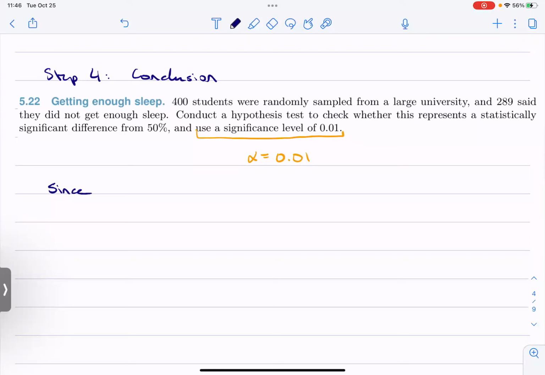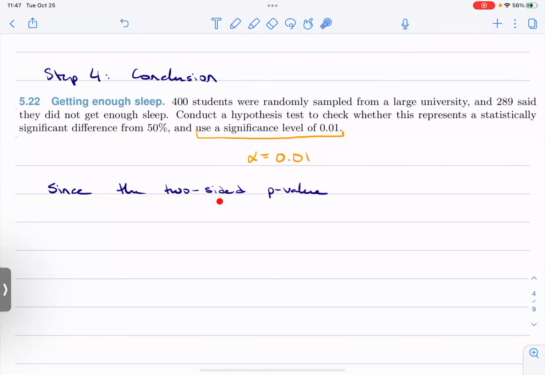You're trying to show off and pull information from the question. I always use the same setup, and you're welcome to use the same one, just to make sure that you hit all these points. So first thing I'm going to do is, since the two-sided p-value of approximately 0, or less than 0.0004 if you prefer to be a little bit more particular, is less than the alpha level of 0.01.